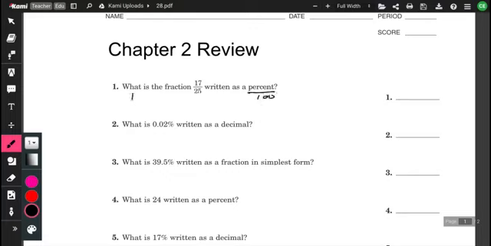So we have 17 over 25, and we need to make that equal to 100. 25 times 4 will give us 100, so we're going to do the same thing on the top: 17 times 4, which is 68. Hope that's right. We will get 68 over 100, which then will give us 68%.